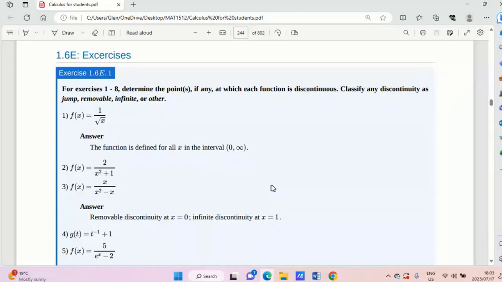So what is t over t? T over t is 1. At 0? We can't have 0 over 0. 0 over 0 is nothing.